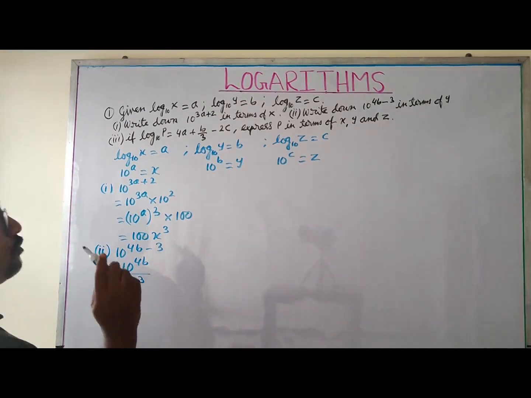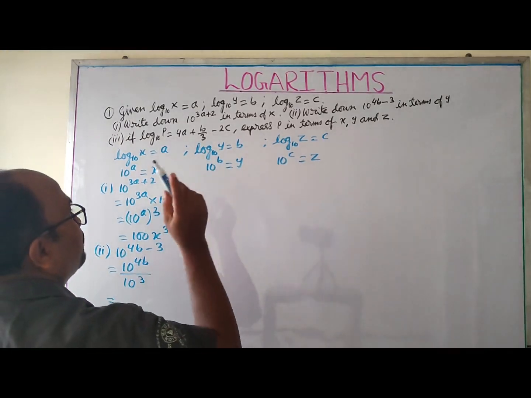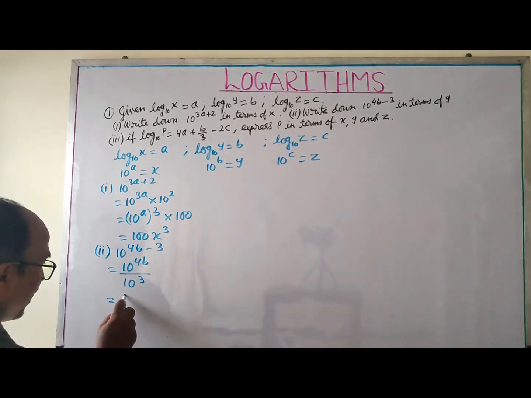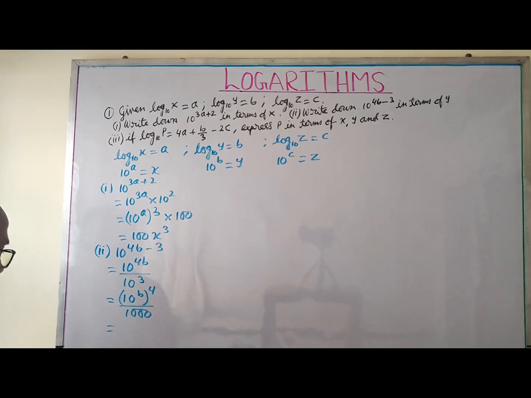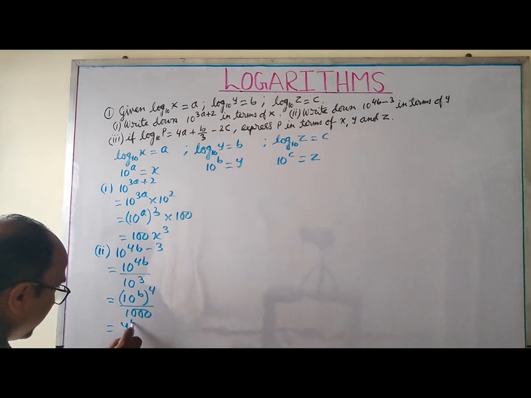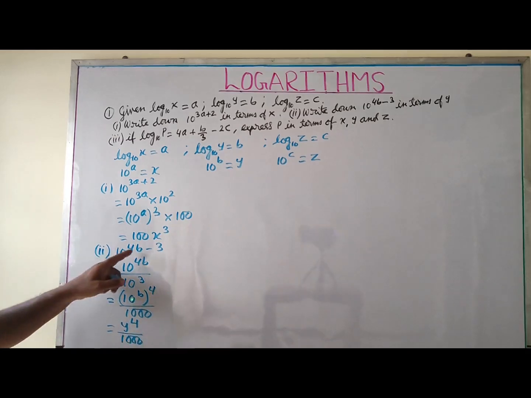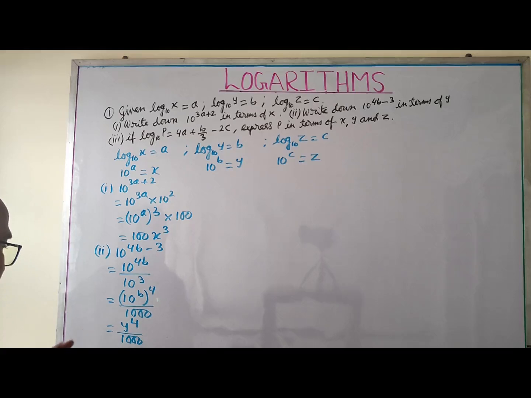Now the value of 10 to the power 4b I don't know, but I know the value of 10 to the power b. So I will write it as 10 to the power b, to the power 4, by 1000. Now 10 to the power b will be written as y. So it becomes y to the power 4 by 1000. It means 10 to the power 4b minus 3 is y to the power 4 by 1000.